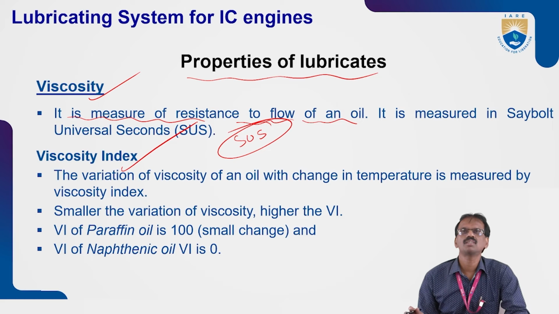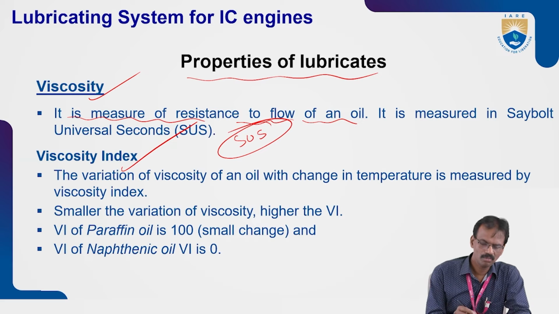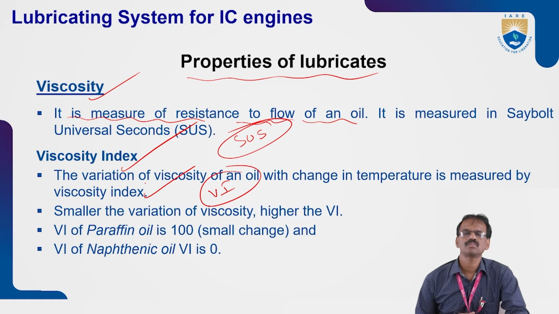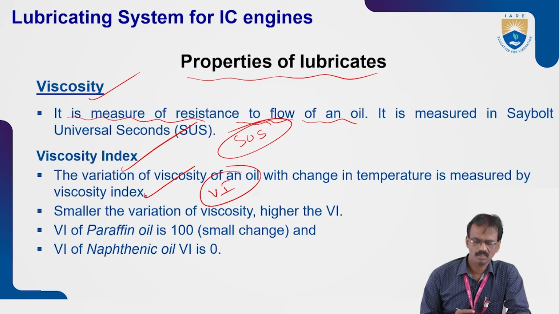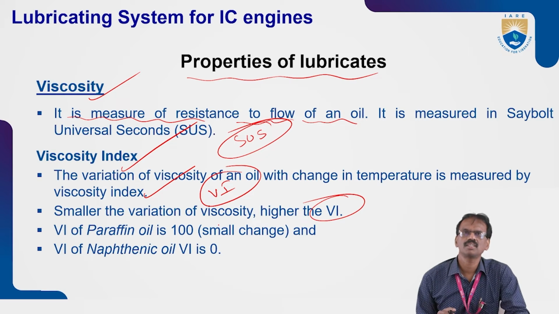Next, viscosity index is very important. It is the variation of viscosity of an oil with change in temperature. With respect to temperature, variation in the viscosity is measured by viscosity index. It is represented by VI. Smaller the variation of viscosity, higher the viscosity index.